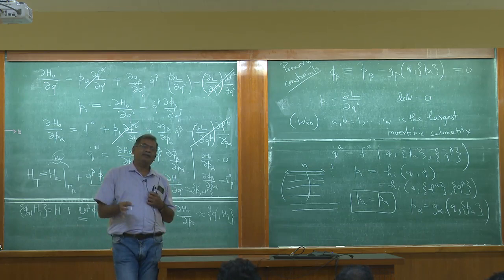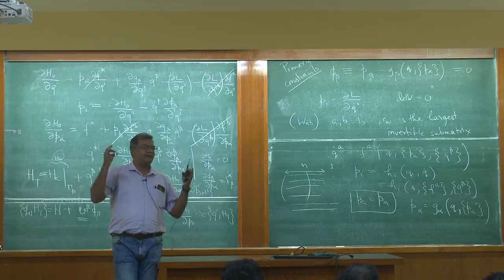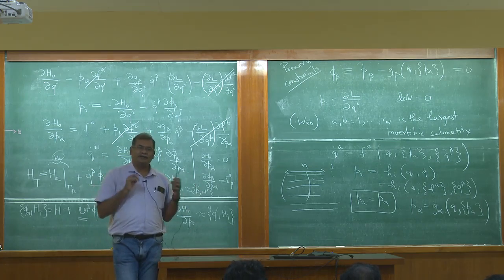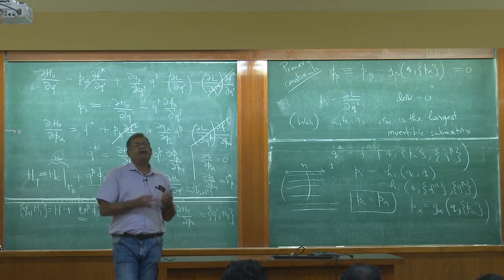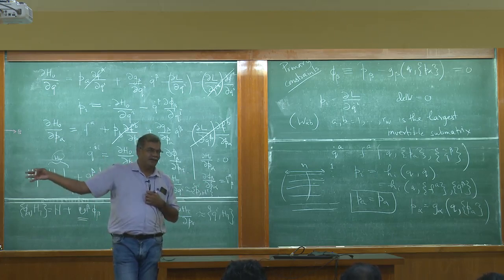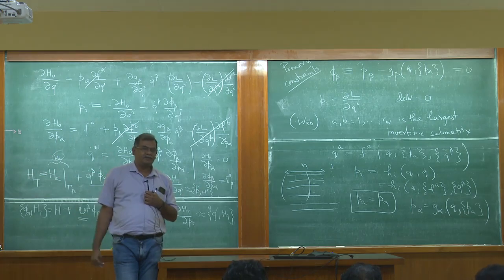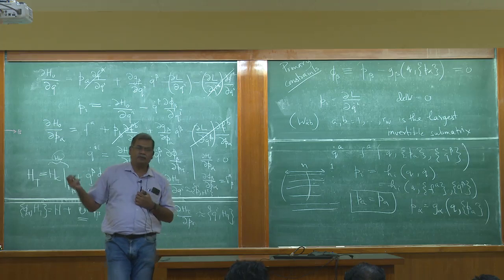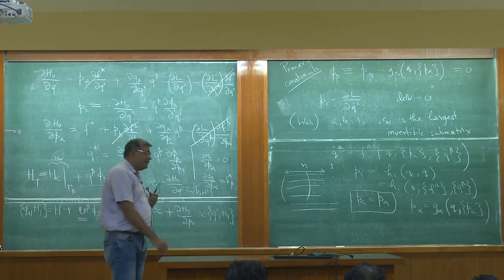Among the primary constraints, the ones which are first class will essentially give you a singular part of the matrix, and they will just drop off from this equation, so their corresponding v's can't be found out. The other v's can. So this distinction basically comes out automatically from the Poisson bracket, and then the other v's can be found out.